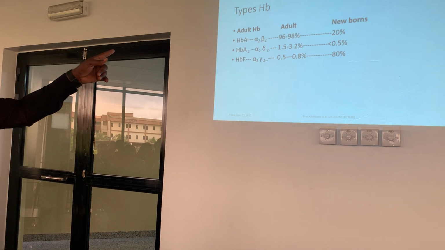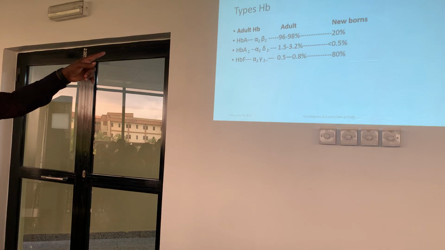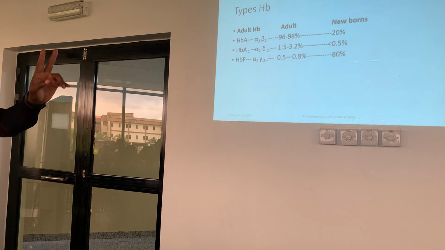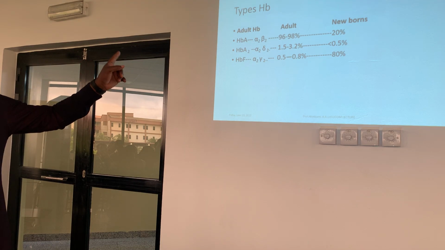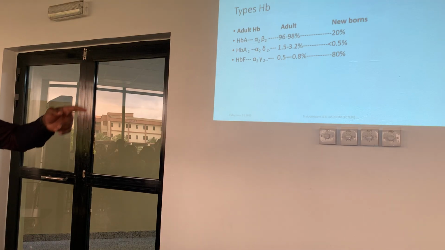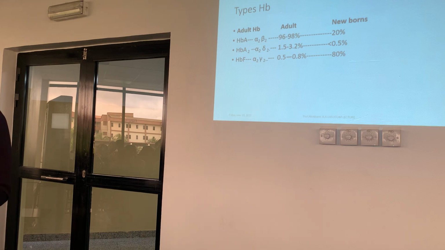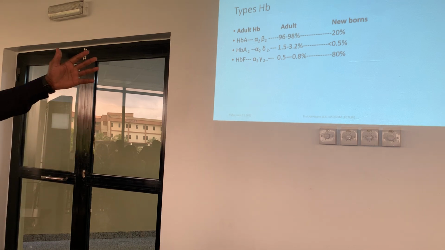Look and see this combination. You can see hemoglobin A is alpha 2 and beta 2. Hemoglobin A is also called A1. So if you are not a sickle cell patient, these are what you are going to have.